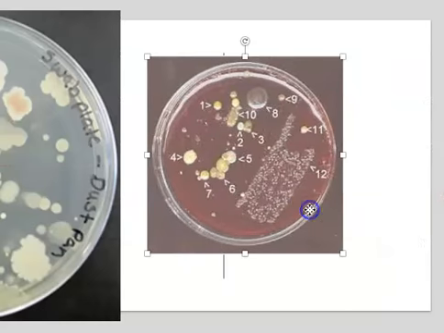Over here we have another agar plate. I show you this one because it shows an attempt to determine how many different colonies are growing here. And someone has overlaid this plate with numbers to show each individual type of colony that they can see.